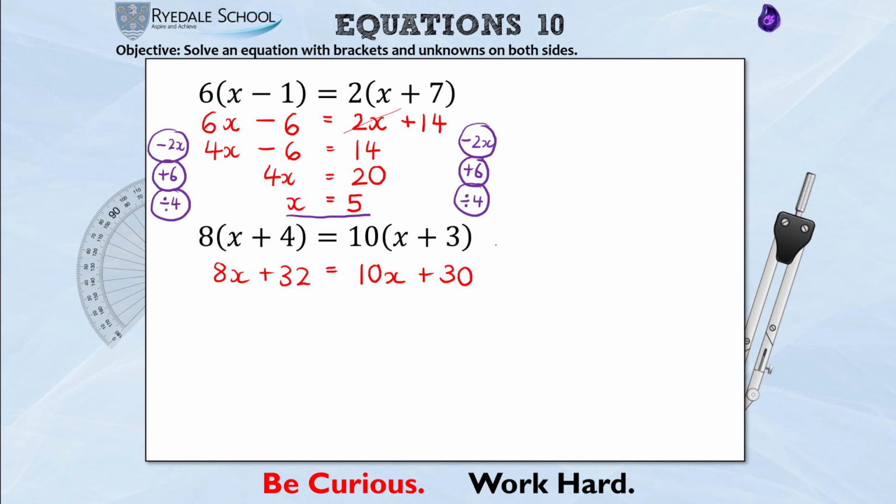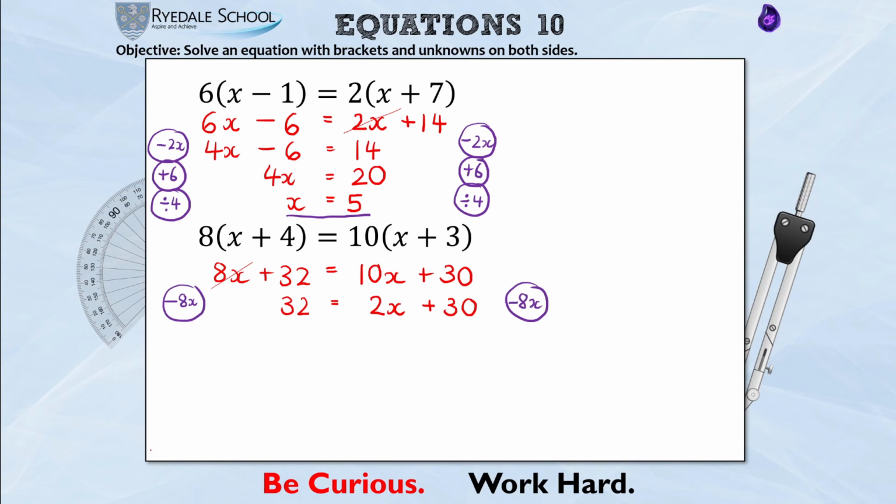I have 8x's and 10x's. So I'm going to subtract 8x's from both sides of my equation. Which means those 8x's go, and I'm left with 32. 10x take away 8x's leaves me 2x's, and I have plus 30.